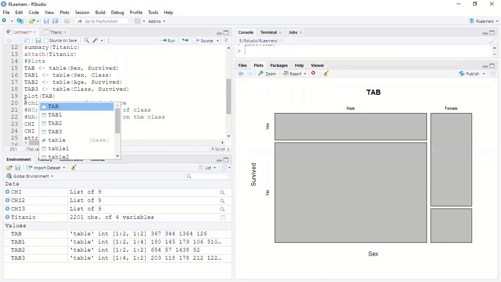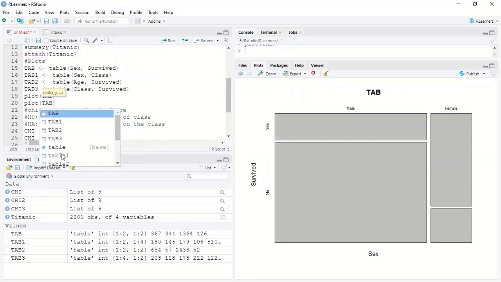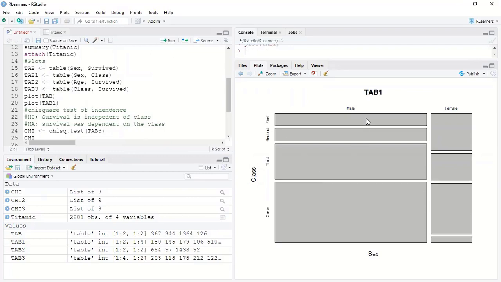Let's plot what is happening. Let's plot tab 1. Tab 1 is of sex and class. This category is for males, this is the category for females. So in first class, the males were fewer compared to the females.